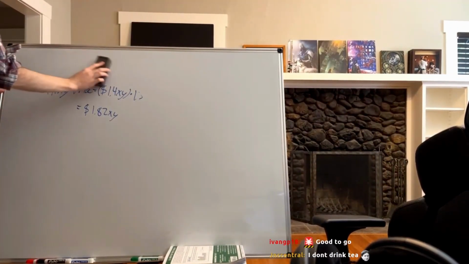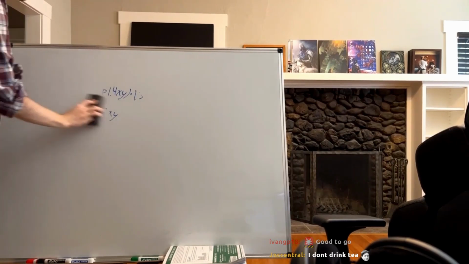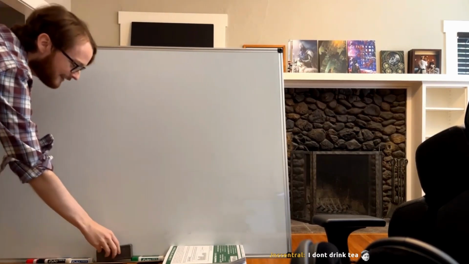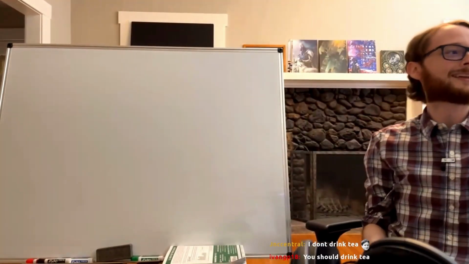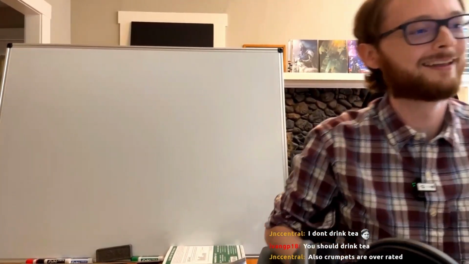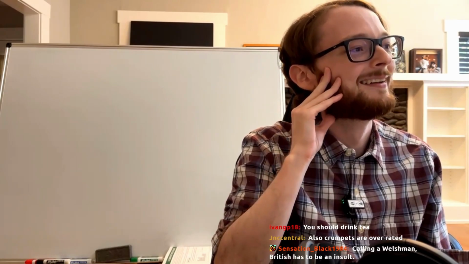You don't drink tea? Oh well, are you allowed to say that? Like, will you get arrested if you don't drink tea? Crumpets are overrated. I don't think I've ever eaten a crumpet. Oh, that's right. I'm sorry, Welsh. I forgot.